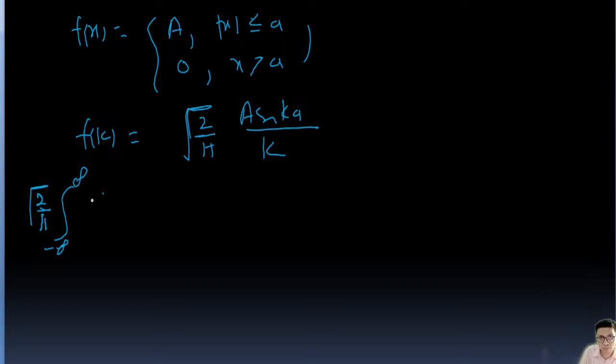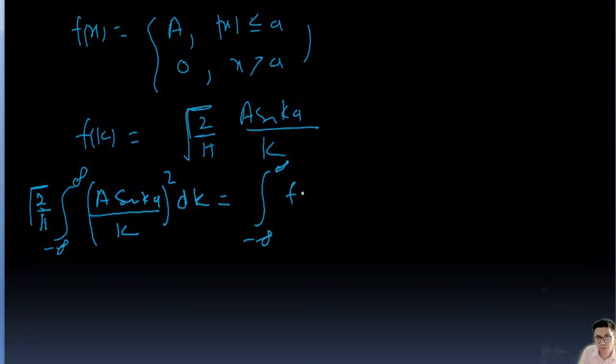So we can write here f(k) is a sine ka upon k whole square dk. This value is going to be integration minus infinity to plus infinity mod square of f(x) dx, right?